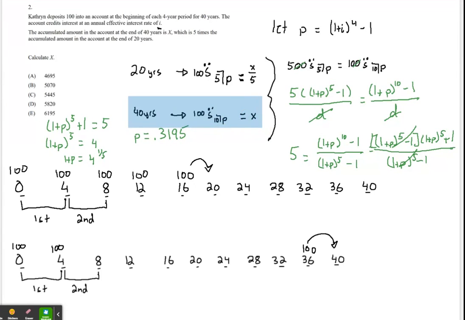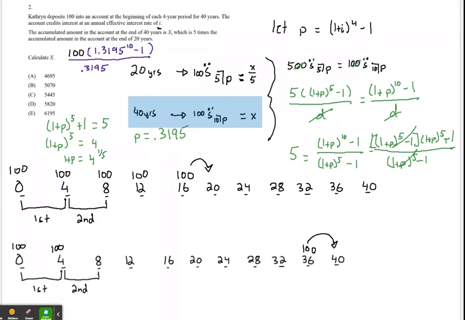So that's going to be equal to 100. Remember the formula? It's going to be 1.3195 to the 10th power minus 1, all upon 0.3195.